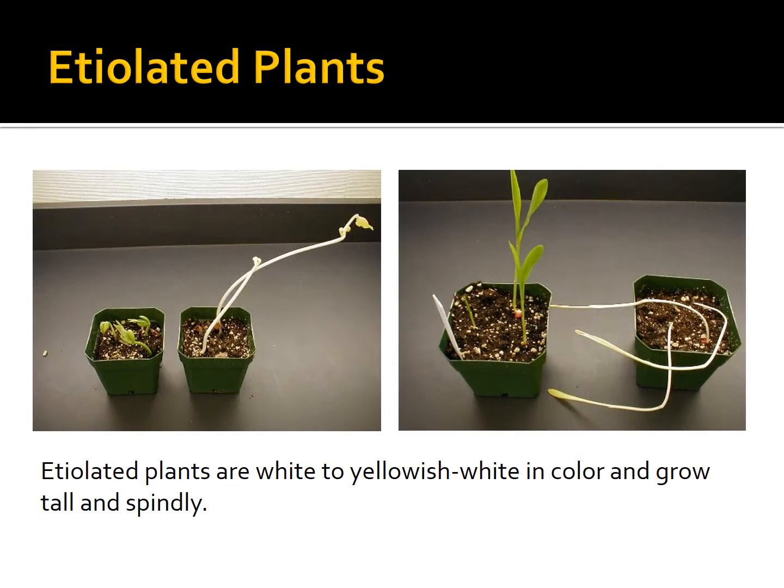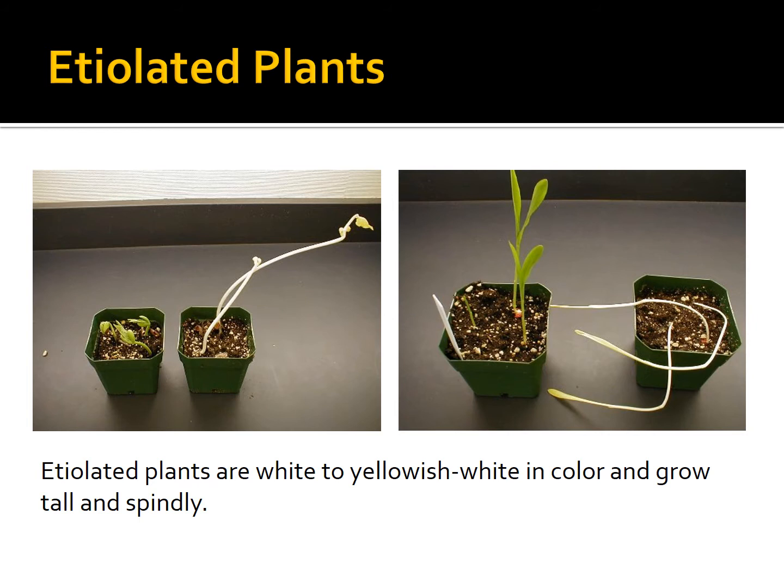So here are two good pictures that show what happens when plants are kept in the dark. Regardless of which picture you're looking at, the plant on the right was the plant that was grown in the dark. It was not exposed to sunlight. You can see that the stems are very long and stretched out, and the stems are kind of a whitish yellow color.